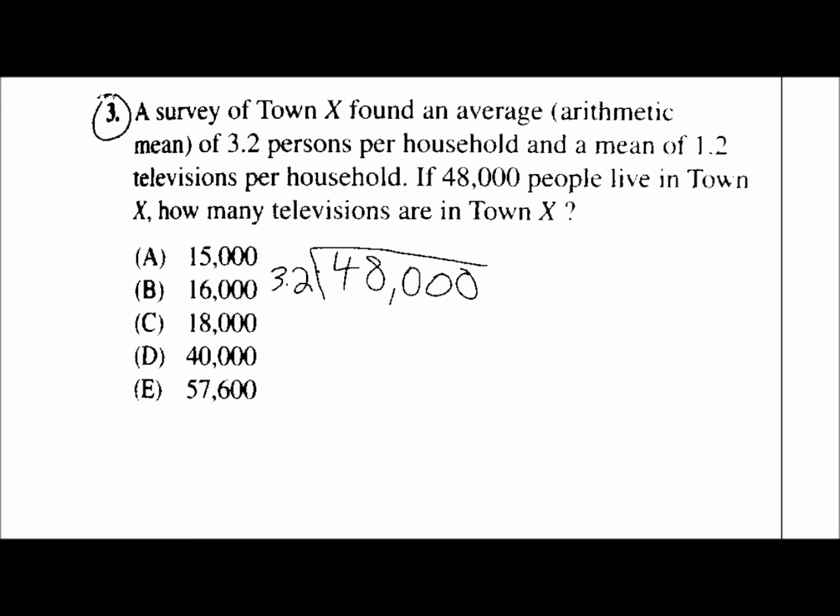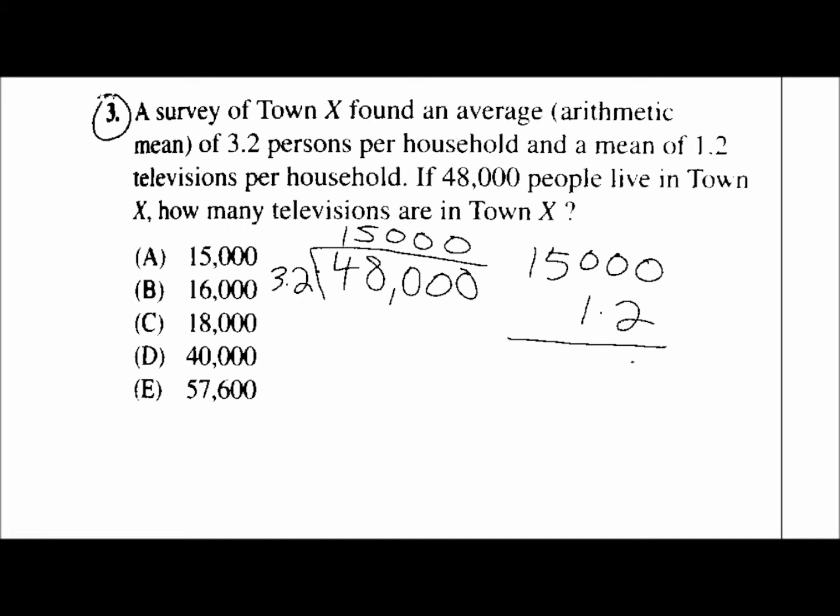Now, if you've got a calculator, and you will be able to use a calculator, so I advise using a calculator to do this, you're going to find that this goes into there 15,000 times. So we have 15,000 households, and that's what we were trying to find out, so we could multiply it times 1.2. So we take 15,000 and multiply by 1.2.